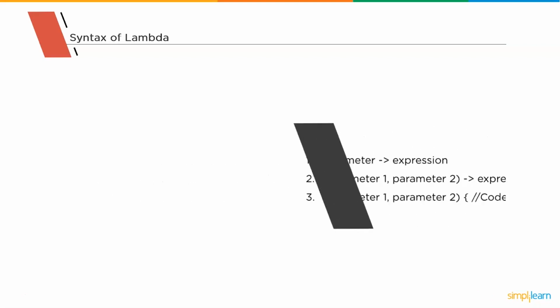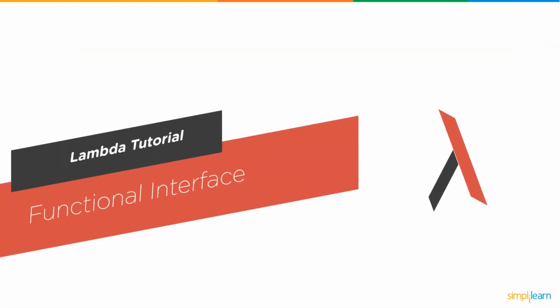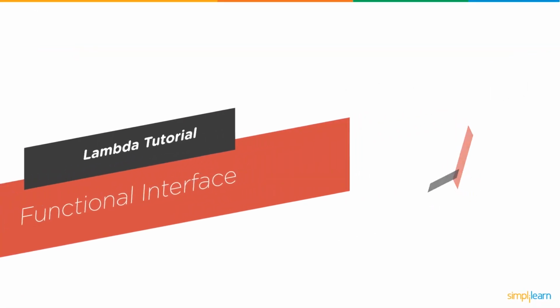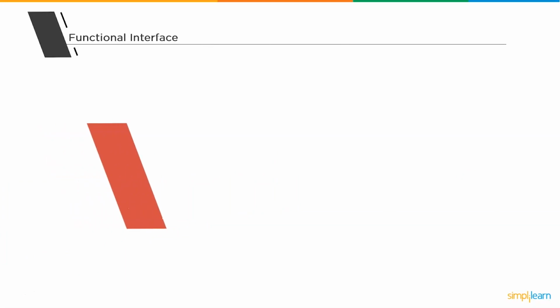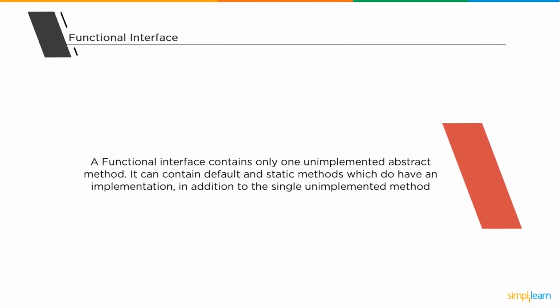Now we enter the most important topic of today's discussion, which is the functional interface. In Lambda expressions, a functional interface serves as a data type for the Lambda expressions. It is represented by the annotation called FunctionalInterface.